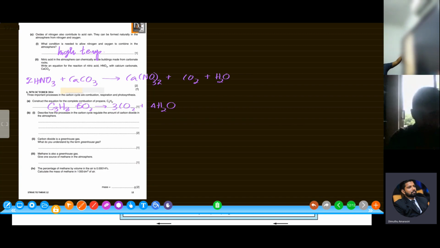Describe how the processes in the carbon cycle regulate the amount of carbon dioxide in the atmosphere. The carbon cycle again points here. First of all, you have to say photosynthesis removes carbon dioxide from the atmosphere. Absorbs from the atmosphere.